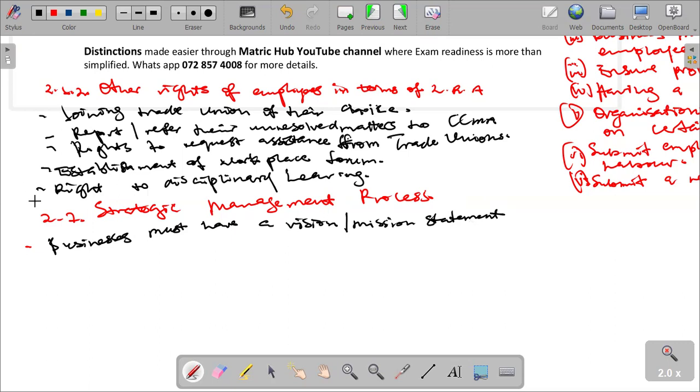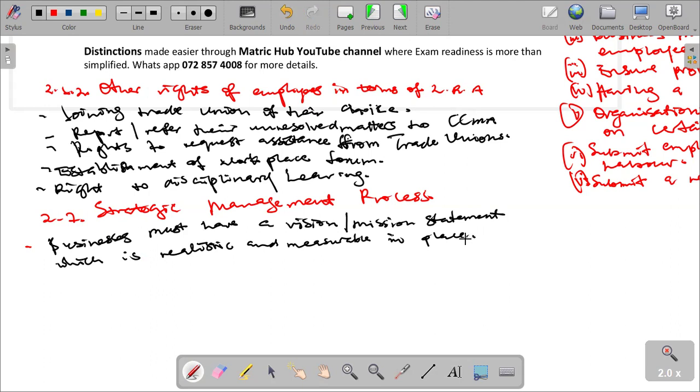The mission statement and vision must be realistic and measurable.